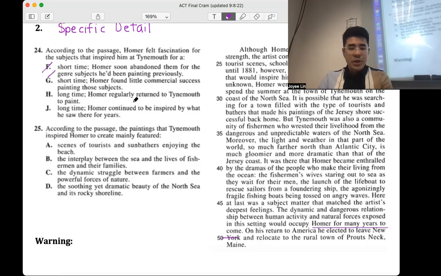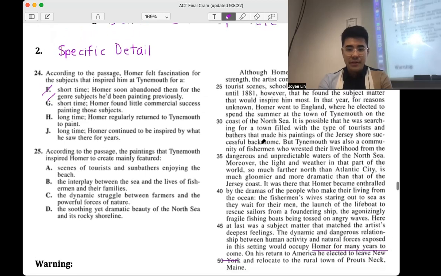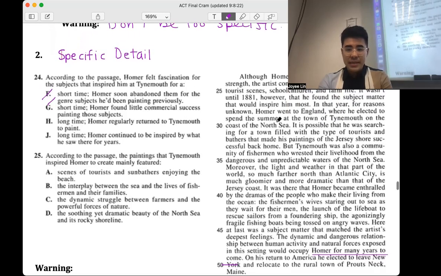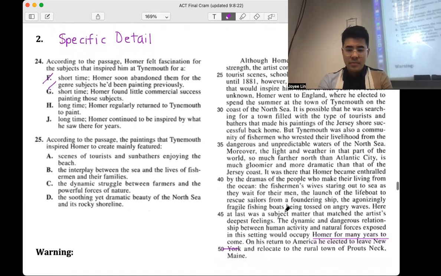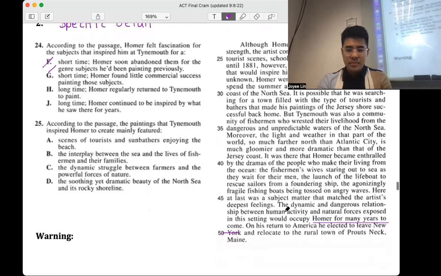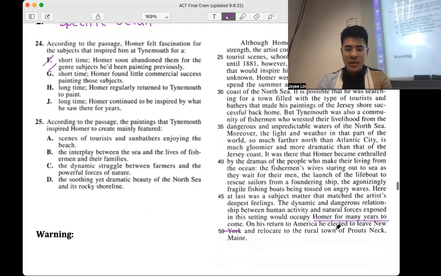And then did he return to Tynemouth? You've got to find that part, right? He elected to spend the summer. On his return to America, he had elected to leave and relocate to the town. So we don't know if he regularly returned, right? There's no evidence that shows that.